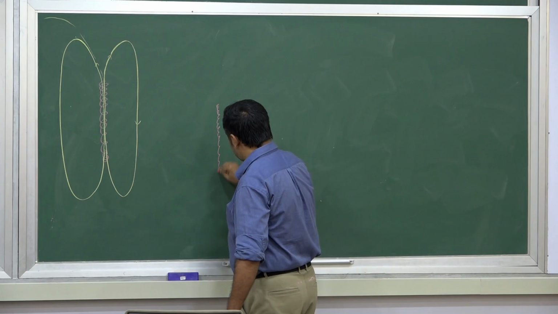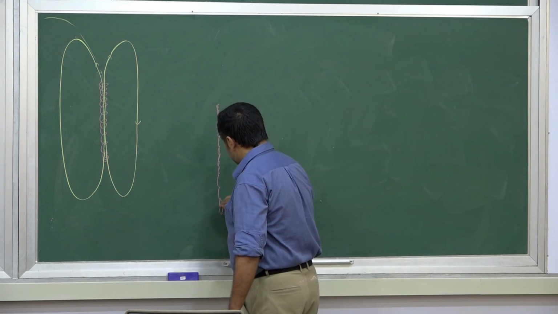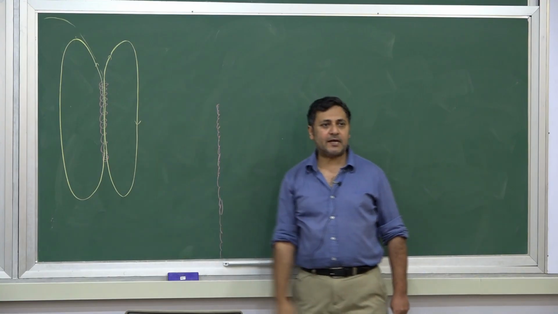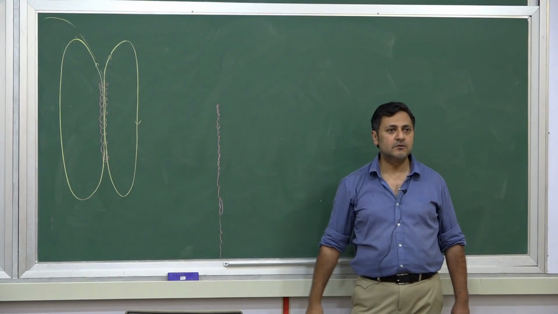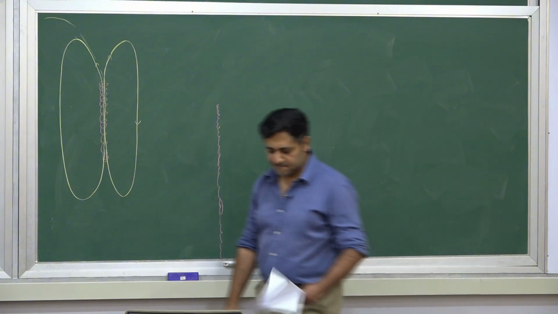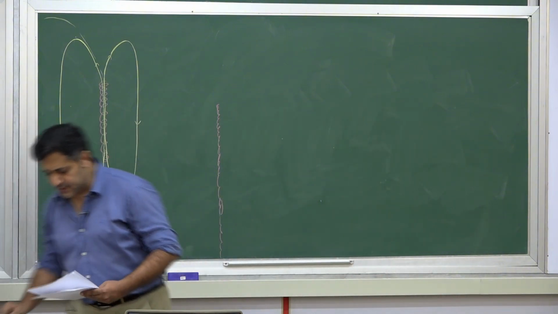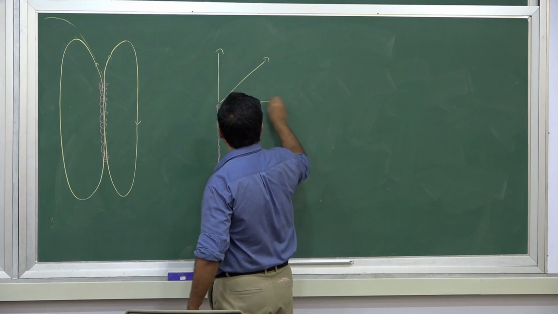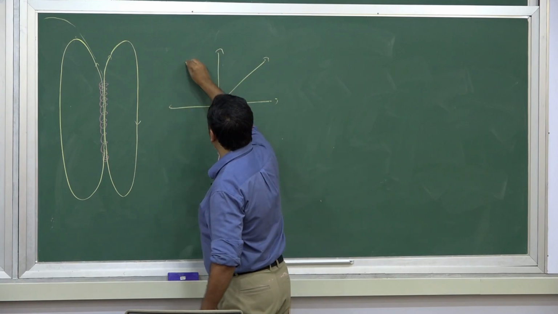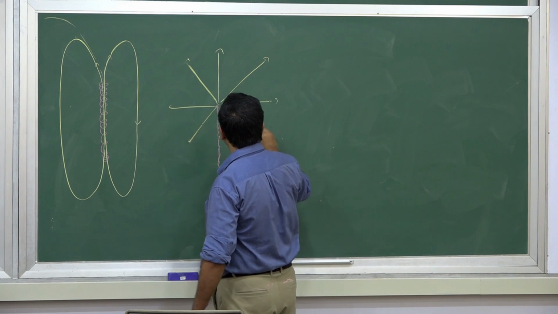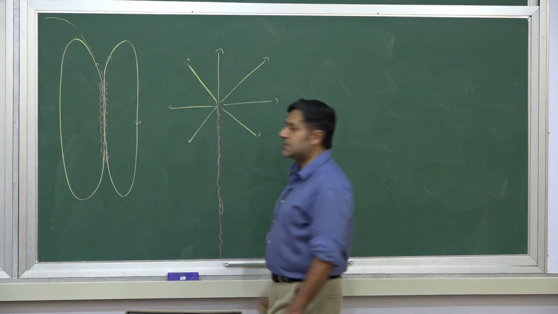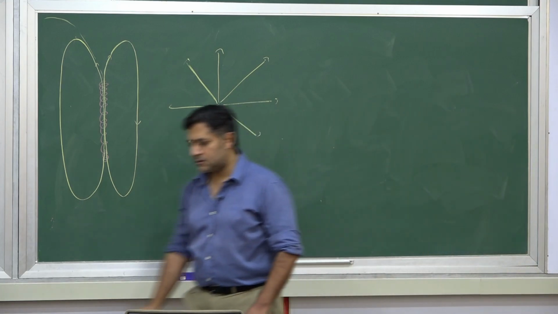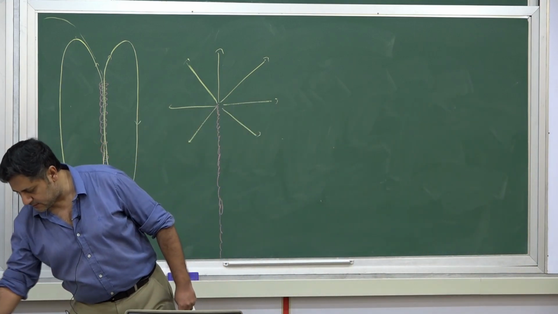So you make a very tight coil, and you don't want the fields to come back, so you let it go to far infinity. Then very easily you can compute that the magnetic field of such a coil would look exactly like the magnetic monopole, like an electric charge.